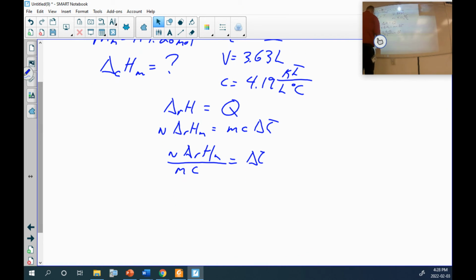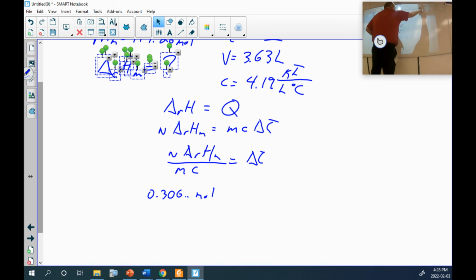And so we have 0.306 moles times our, we're not looking for that, we are given that.